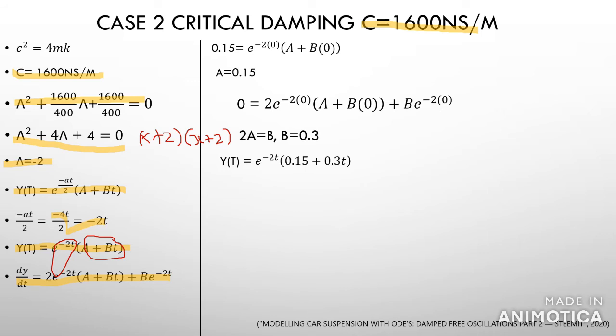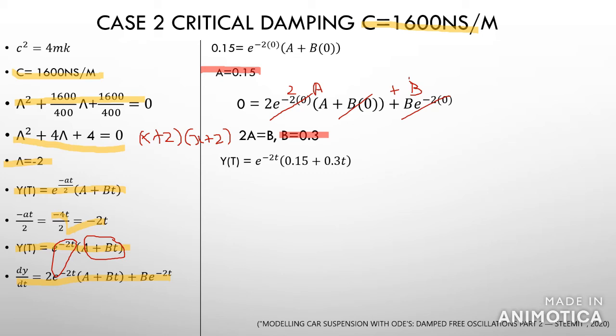My a is still 0.15, and my b is 0.3, because when you sub in the values, you cancel this to say this is equal to 2, and this is gone, and this is a, so 2 times a, and you have a plus here, and this is cancelled to be 1, so this b. So 2a plus b equals 0, so b equals 0.3, because I already found my a up here.